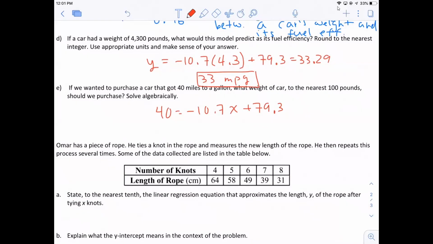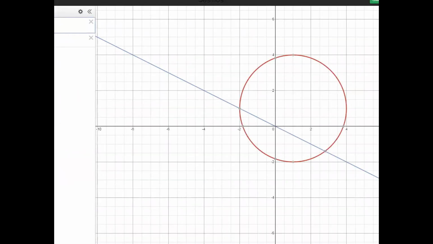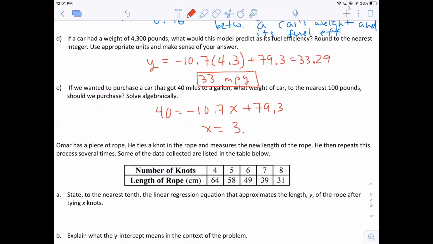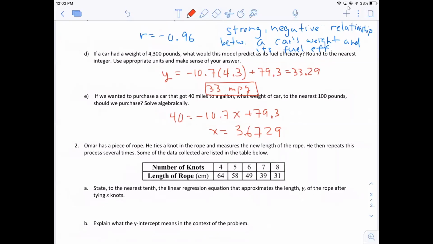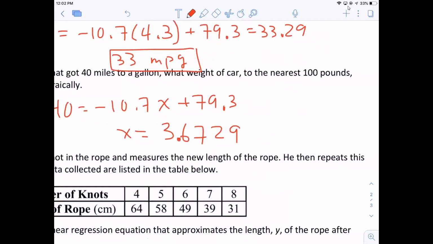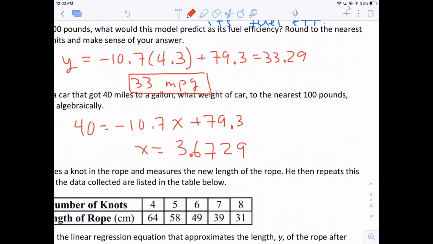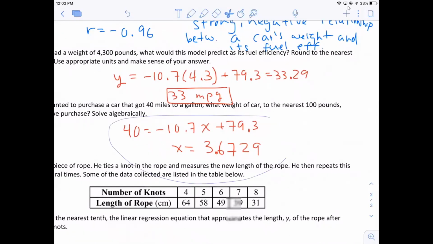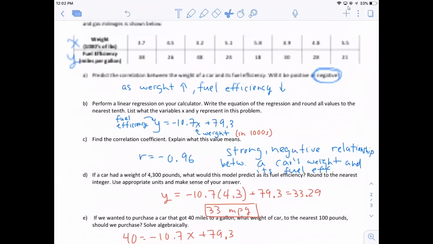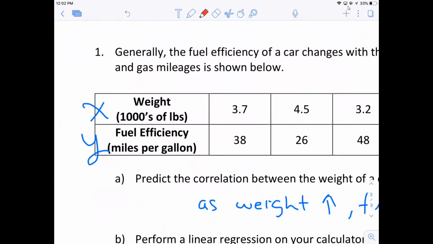And solve this equation. So subtract 79.3 on both sides, divide by negative 10.7, and we are going to get 3.672. I'm going to round that to 9. All right, so we get this many thousands of pounds. So let me just write this out. Remember the X again, you gotta be careful with that, thousands of pounds.